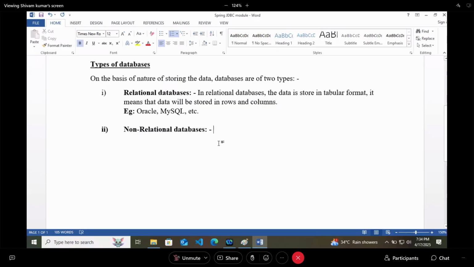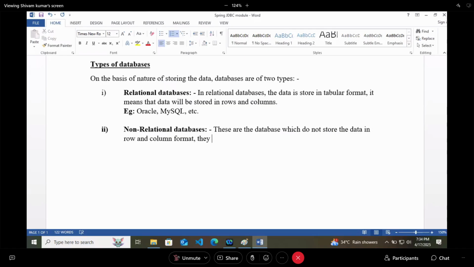Non-relational databases are the databases which do not store the data in row and column format. Then how do they store it?